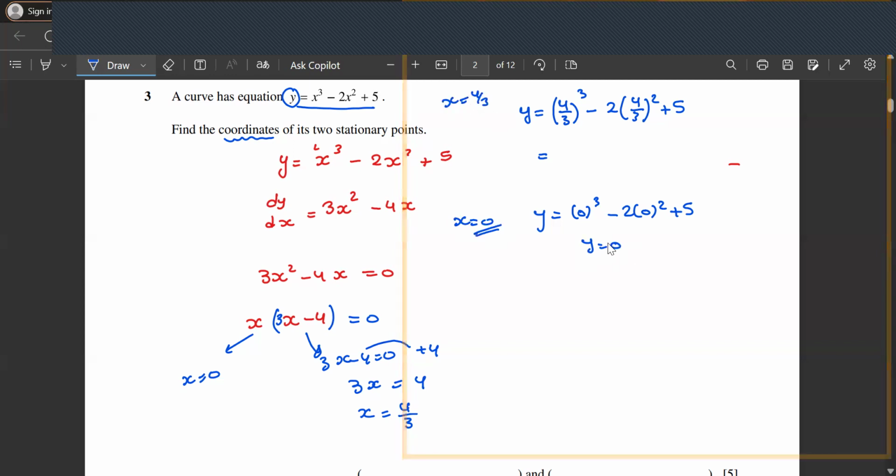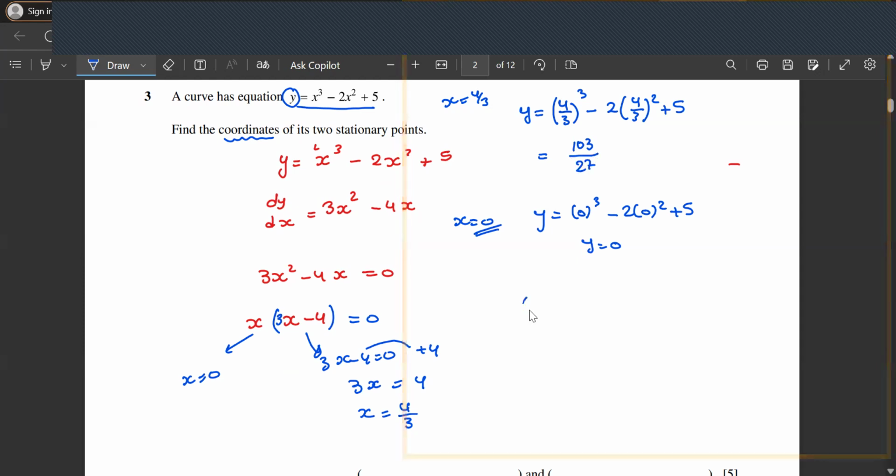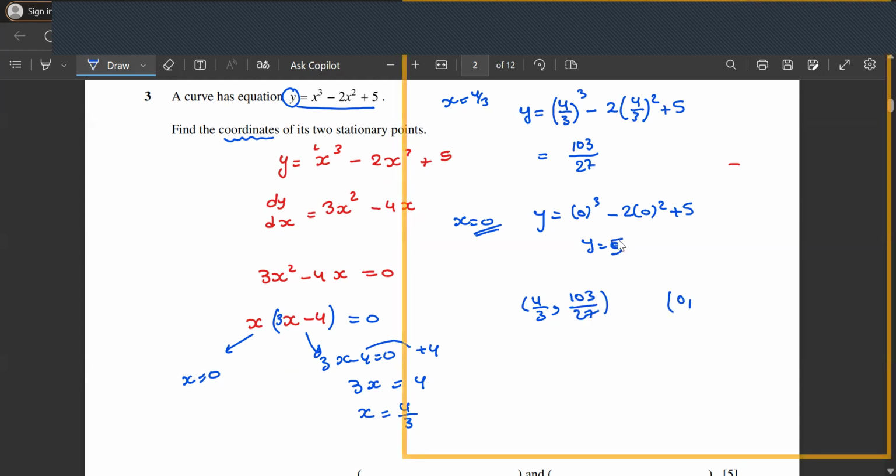From here, y equals 5, and from here it will be 103 over 27. You got it? So the 2 points will be 4 over 3 and 103 over 27, and the other point 0 and 5.